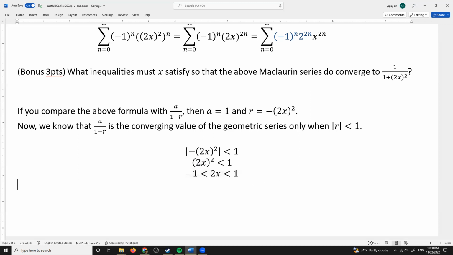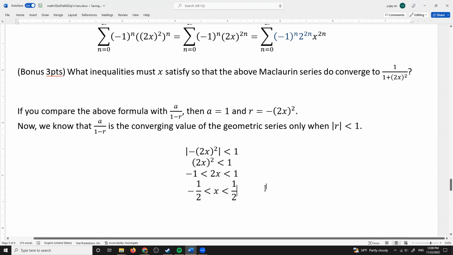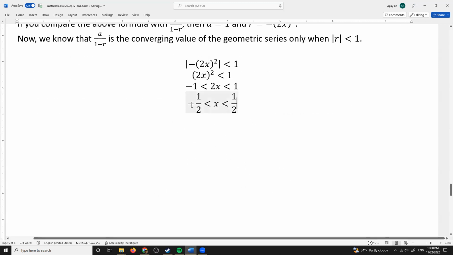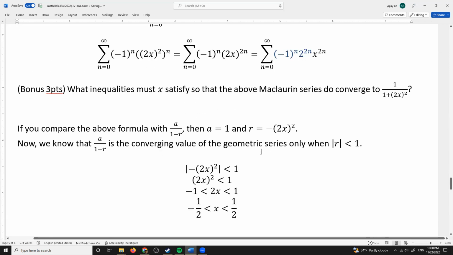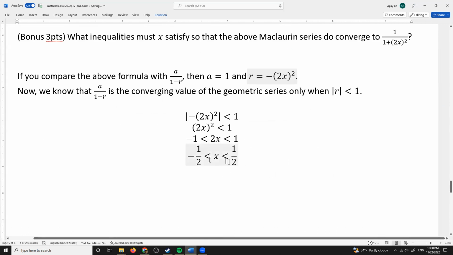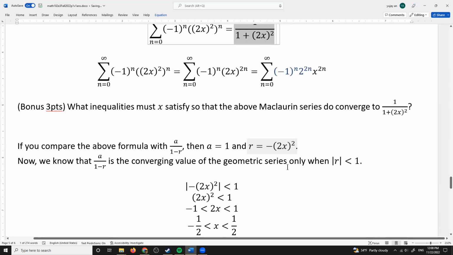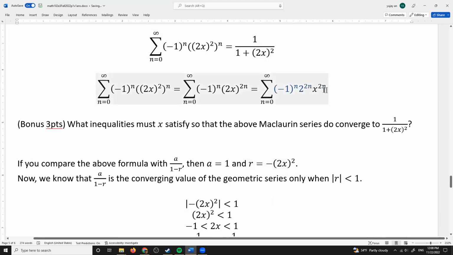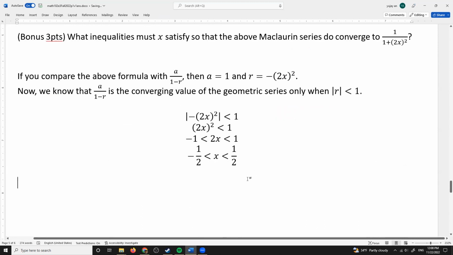So that's what we have, and therefore you have negative 1 over 2 less than x less than 1 over 2. That's the correct answer. Which means that this formula here would agree with this function only when x is between negative 1/2 and positive 1/2. And sadly, if your x is bigger than that, then this will fail to converge, and that will have nothing to do with this function. Okay?